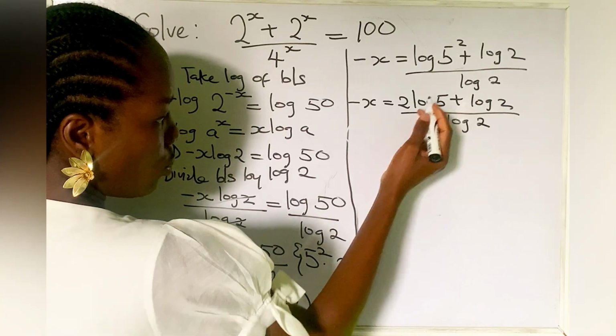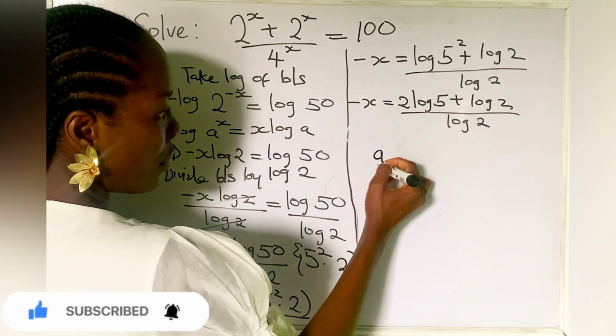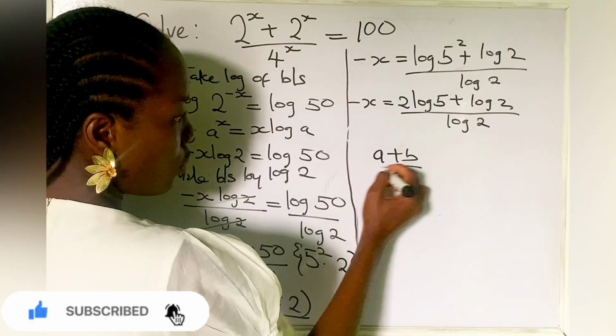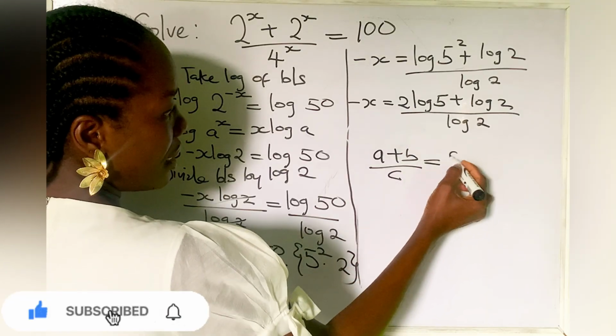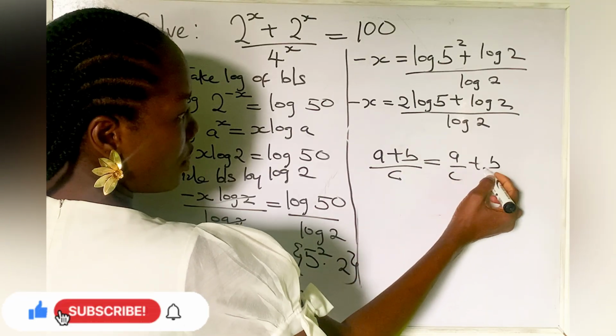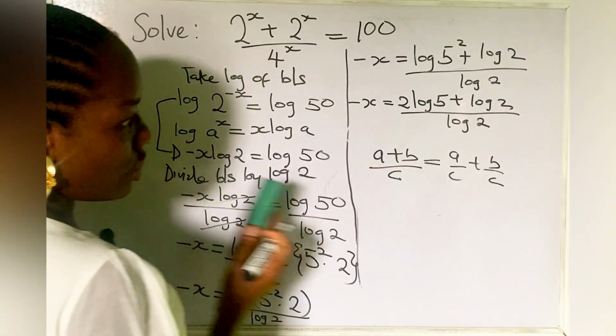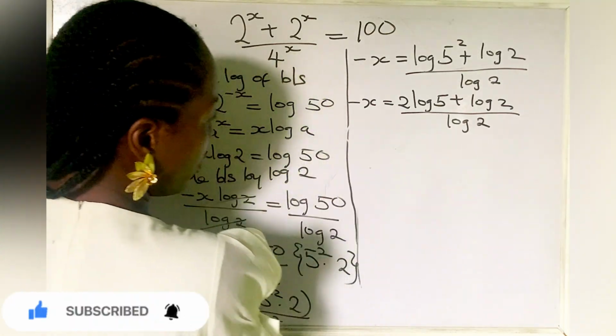Now with this, when you have another thing such as a plus b over c, the same thing as saying a over c plus b over c. Okay, so the log 2 is for both terms of the equation.